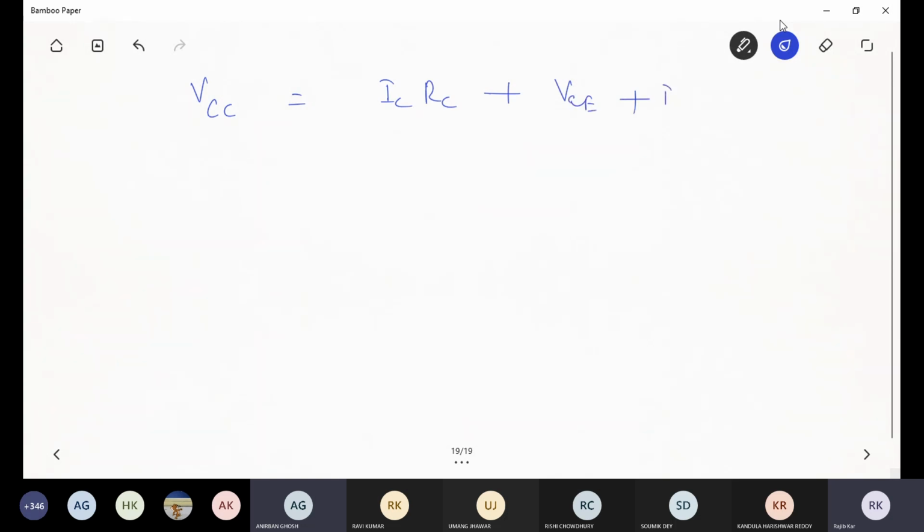Because we have already calculated the value of IC from IB. Okay, once you know IC and IB, you can calculate IE. IC is known, RC is known, VCE is to be found out, VCC is known, so this is what you have to find out. IE is known and RE is known.